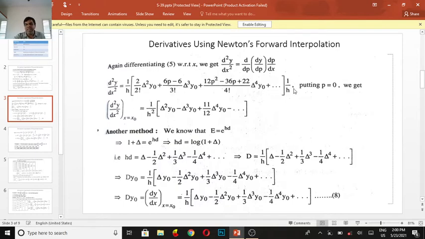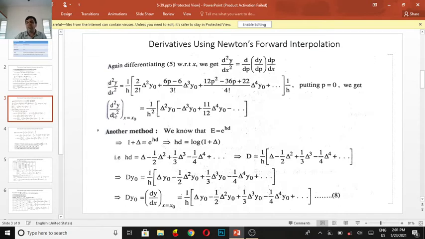Times 1/h. Again I am putting p equal to 0. We get d²y/dx² at x equal to x₀: 1/h times 1/h, so 1/h². So 2/2!, where 2 factorial is 2, gets cancelled, so simply Δ²y₀. With p equal to 0, we get minus 6/3!, where 3 factorial is 6, gets cancelled, so minus Δ³y₀. Again p is 0, so we get 22/4!, 4 factorial is 24, 22/24, so we get 11/12 Δ⁴y₀ etc. So Δ²y₀ − Δ³y₀ + 11/12 Δ⁴y₀, and the alternate signs go on.